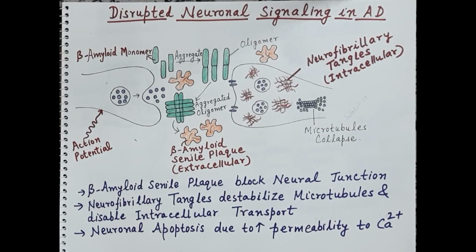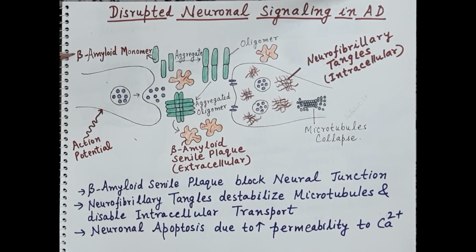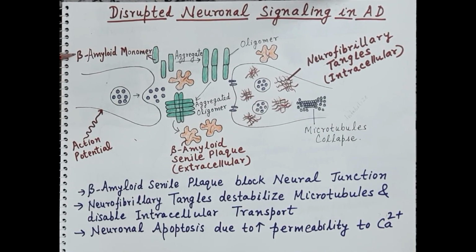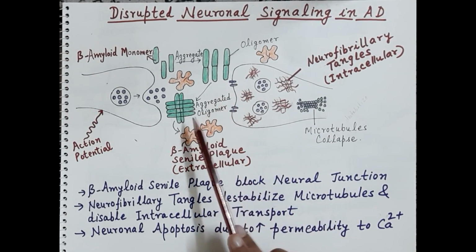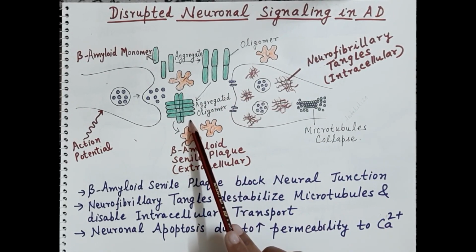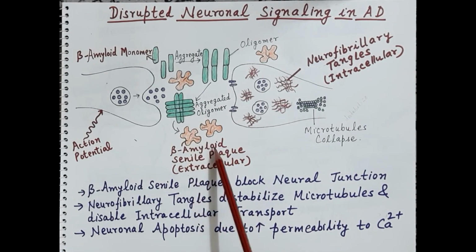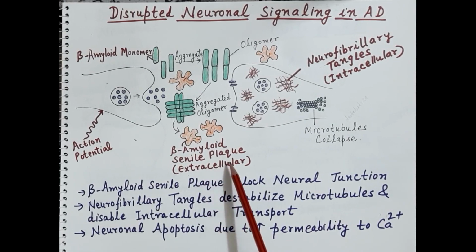And in Alzheimer's disease, there is excessive formation of beta amyloid proteins, which are sticky. These beta amyloid proteins aggregate together to form oligomers. Oligomers further aggregate and produce beta amyloid senile plaques.